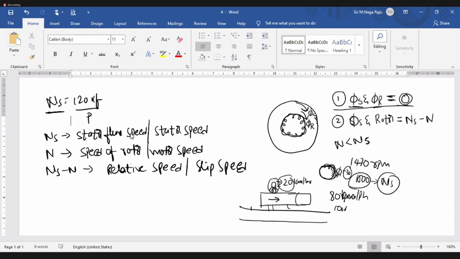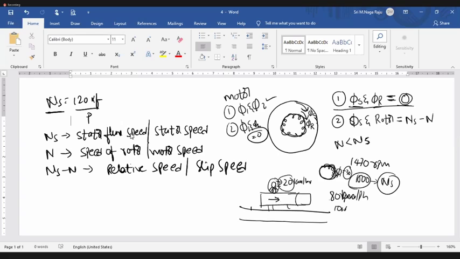I told you in the very beginning, in the first class, that in any motor, in order to produce torque, we must have two fluxes. That is the first condition, no doubt at all. The second condition is that the relative speed between these two fluxes must be 0. Whether it is a DC motor, induction motor, synchronous motor, or any motor, these are the conditions.